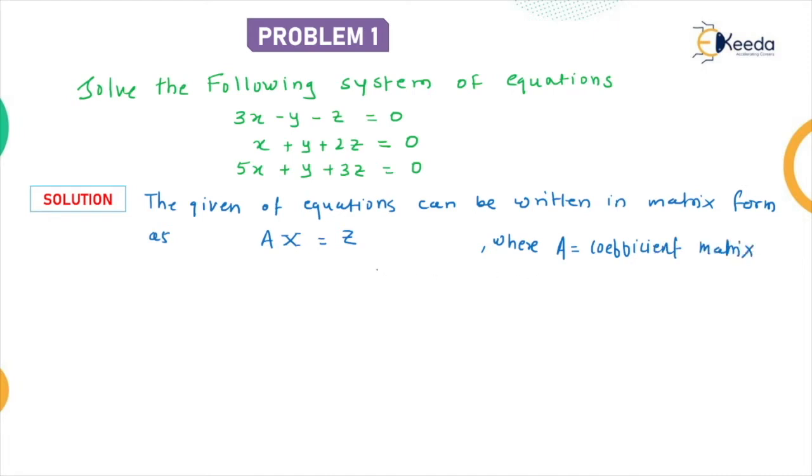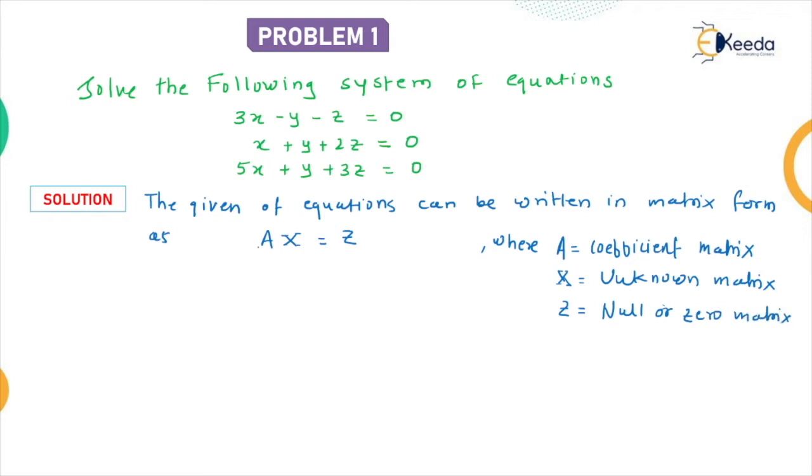You also think about what X is. X is the unknown matrix, which contains the values of x, y, z. Z is a null matrix, which we also call a zero matrix.